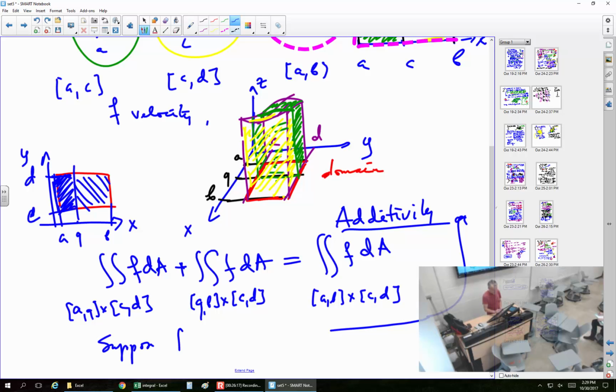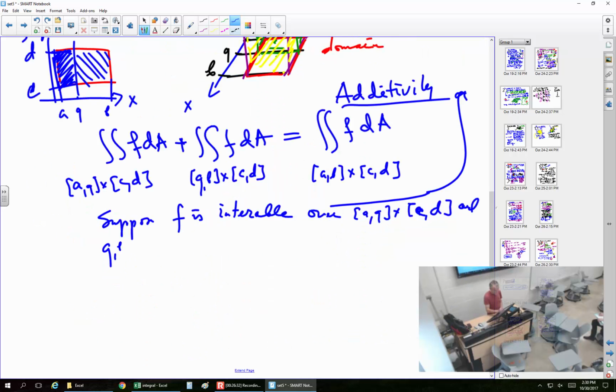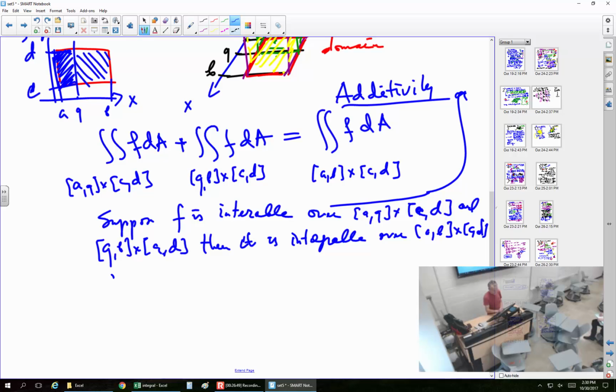Suppose f is integrable over, once again, AQ, CD, and QB cross CD, then it is integrable over ABCD. And the formula is satisfied.